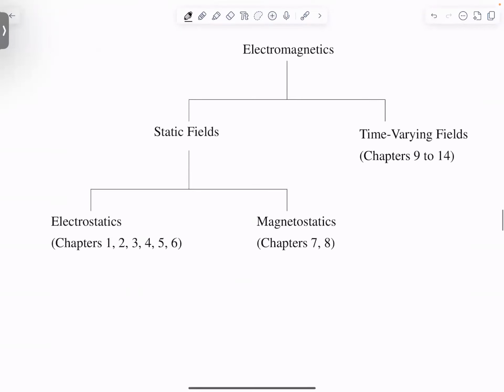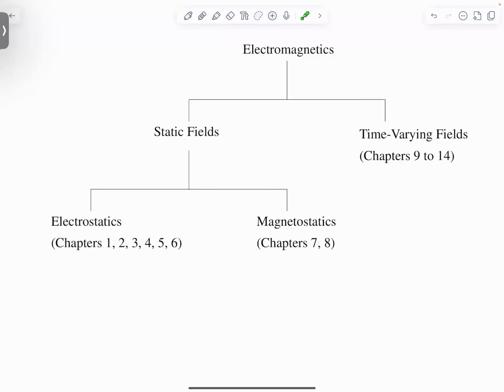And this course is divided into static fields and time varying fields. Everything that we've been learning in this course is static fields. Static means fields are not changing. Electric field intensity, electric flux density, potential field, these are all fields, or functions in simple words.